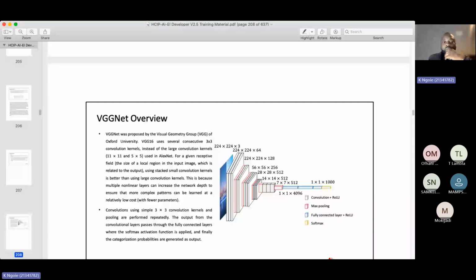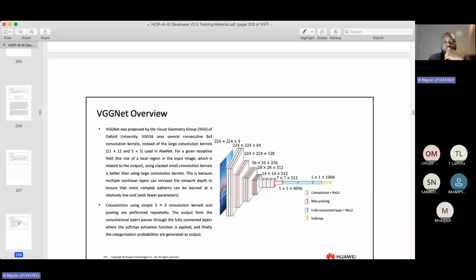Okay, and then another method that was proposed for convolutional neural networks is the VGGNet, which was proposed by the Visual Geometry Group of Oxford University. This model also uses multiple types of convolutional kernels.